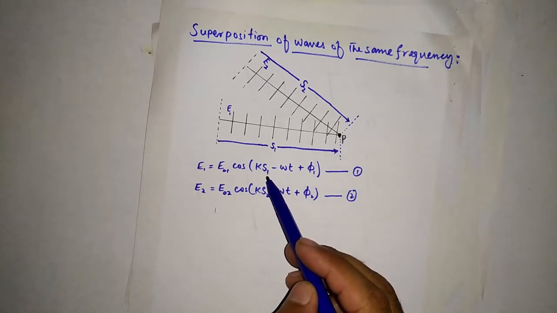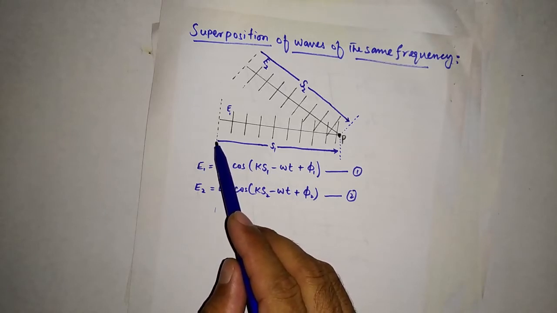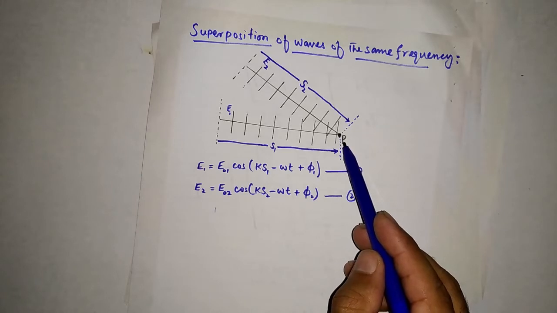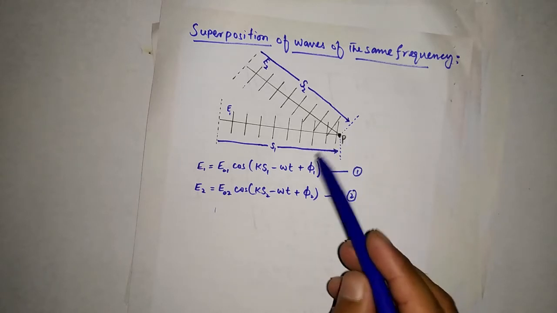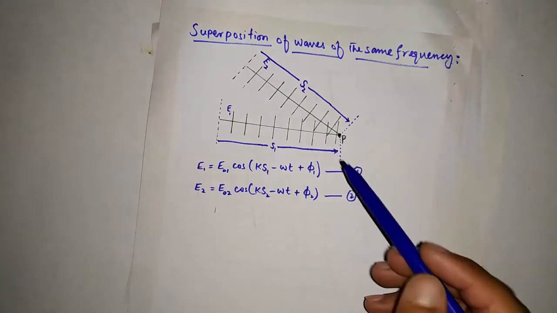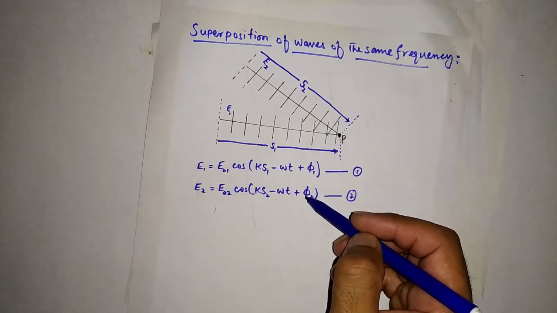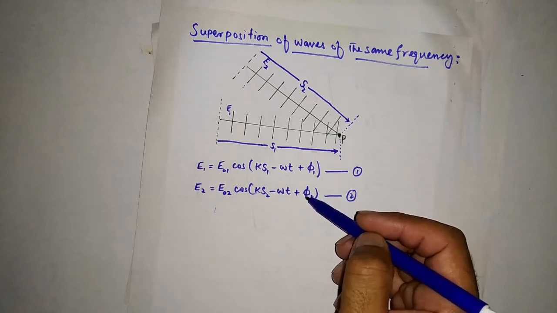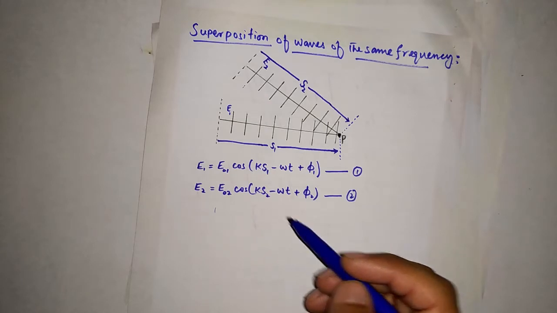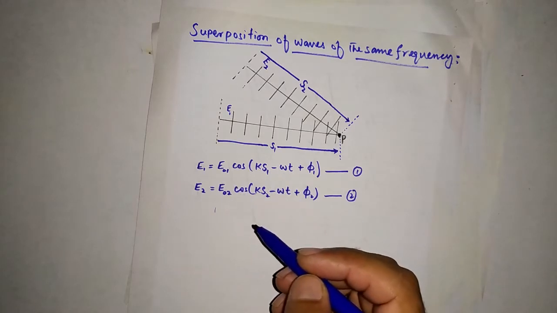S1 is the distance traveled by the first wave from its reference plane to the point of superposition, and S2 is the distance traveled by the second wave to the point of superposition. And phi 1 and phi 2 are the initial phases of the individual waves at time t equals 0. Clear?